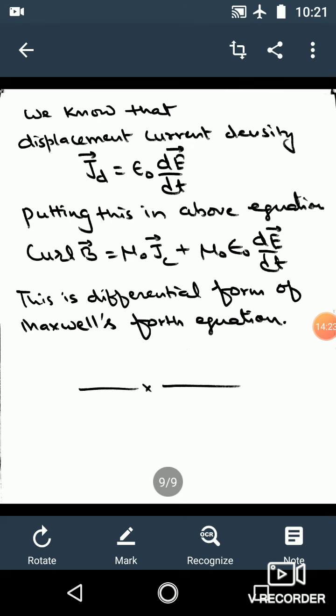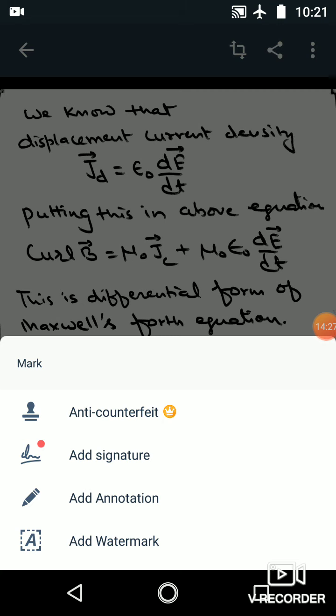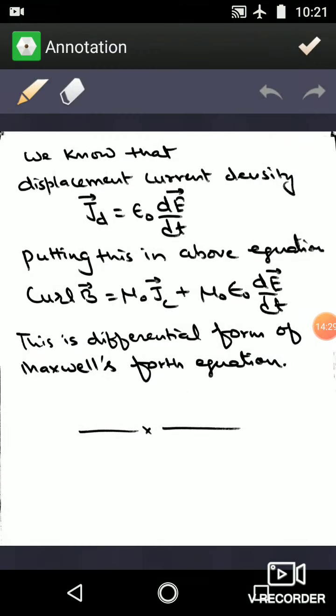And here we have discussed already displacement current density JD is equivalent to epsilon naught dE upon dt, where E is what? It is electric field. Okay, E is electric field. And putting this in the above equation, what we get?